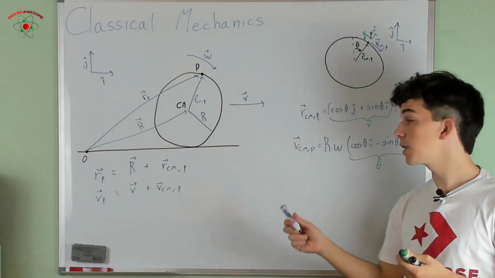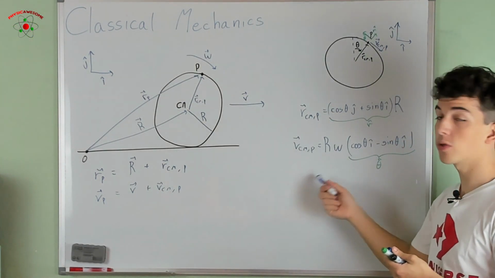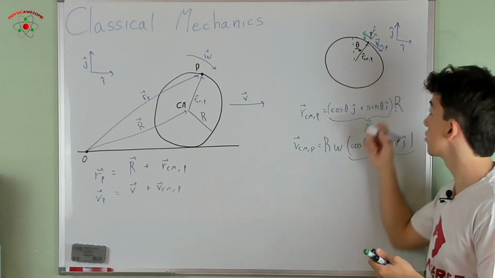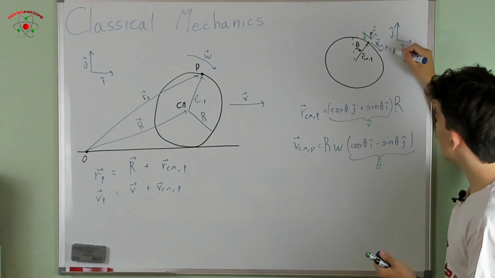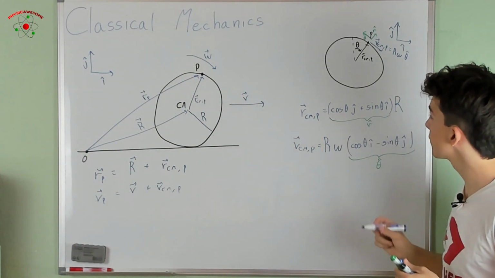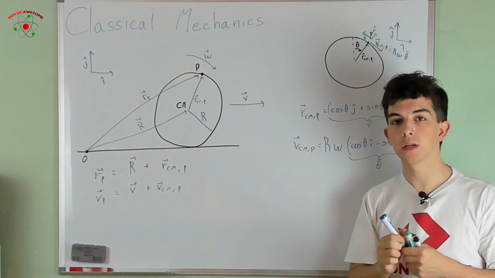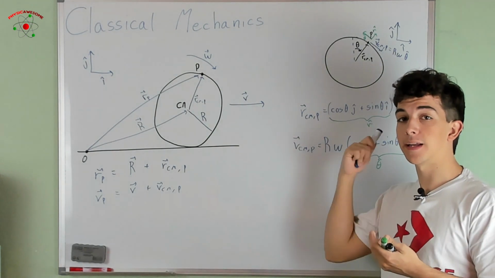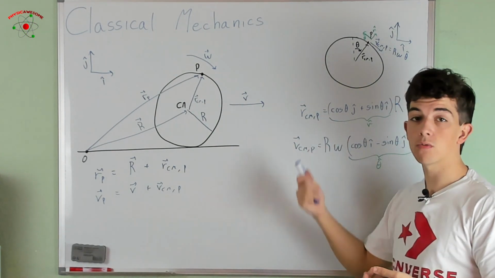And as we said, it's going to be constant all throughout the path. It's going to be always equal to rw theta hat. Now, let's analyze the situation in the ground frame.